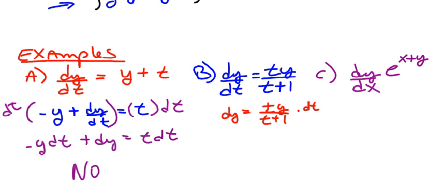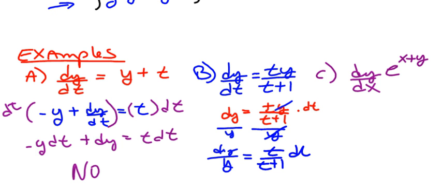So if I divide both sides by y, I would get dy over y equals, and then I'm multiplying these and these reduce. In this case, I can see that I definitely have separated the variables. I have y, dy on one side and t, dt on the other side. So this one is separable.